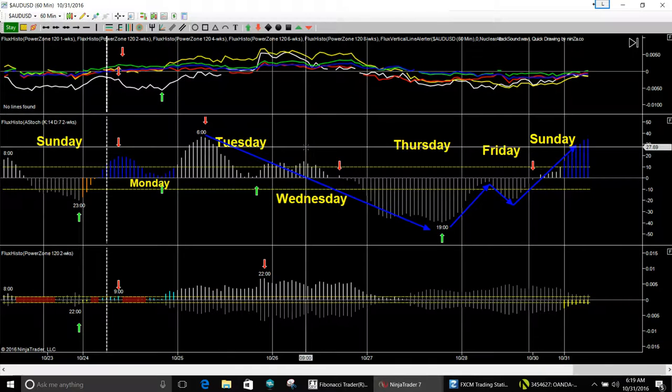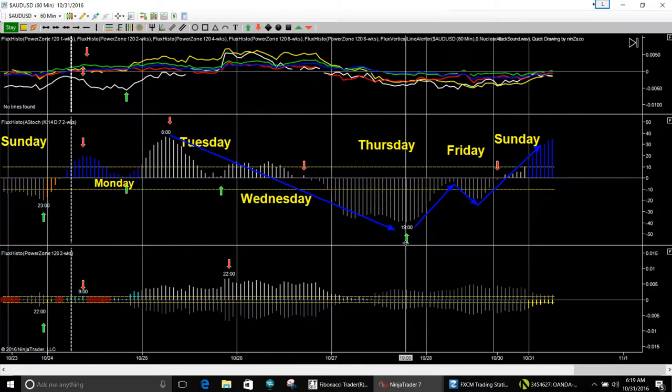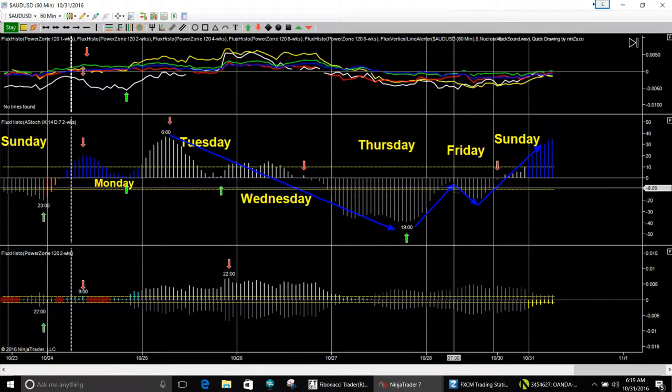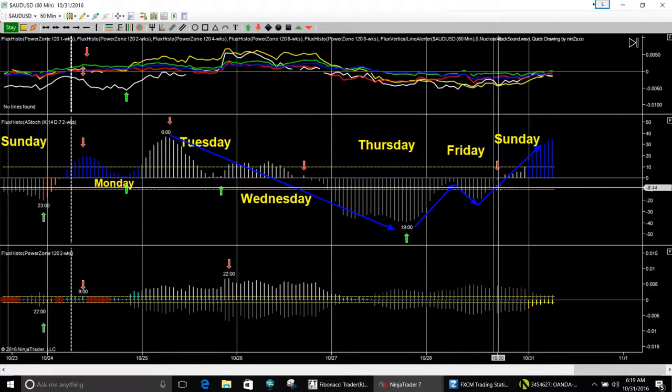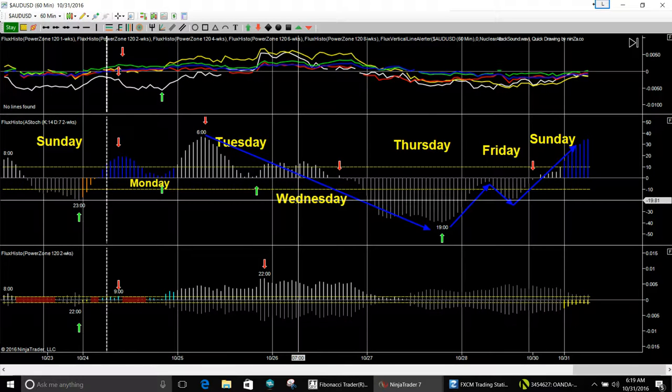All right, so then we have Thursday. It looks like an up move on the Aussie US dollar, and then pulls back a little bit on Friday, and then boom to the north, and then here we go. Sunday, we're already printing for Sunday of next week.